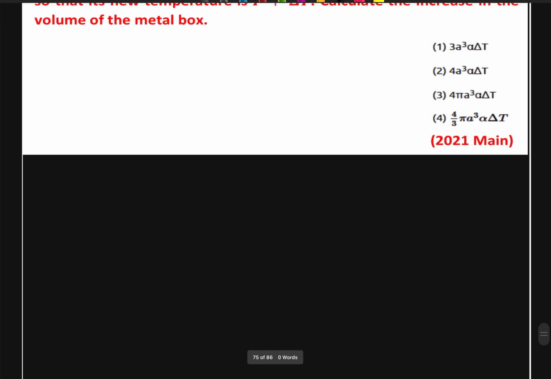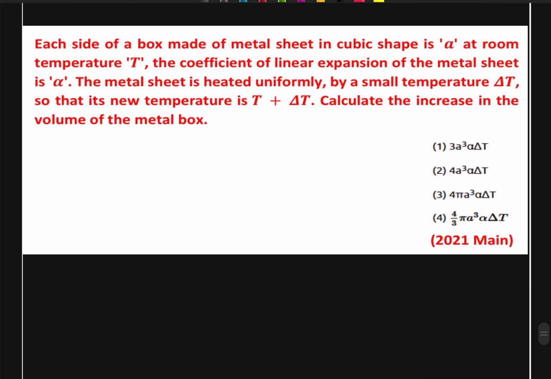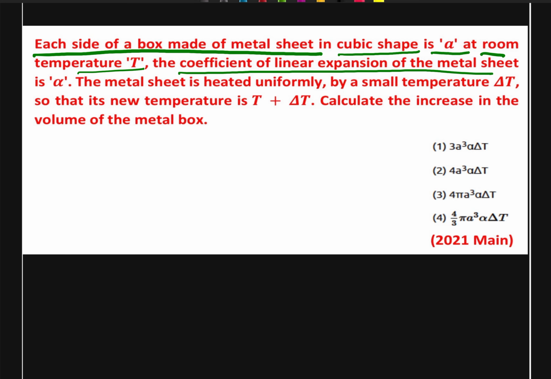Next question. It states that each side of a box made of metal sheet in a cubic shape is A at room temperature T. The coefficient of linear expansion of the metal sheet is alpha. The metal sheet is heated uniformly by a small temperature delta T, so that the new temperature is T plus delta T. Calculate the increase in the volume.